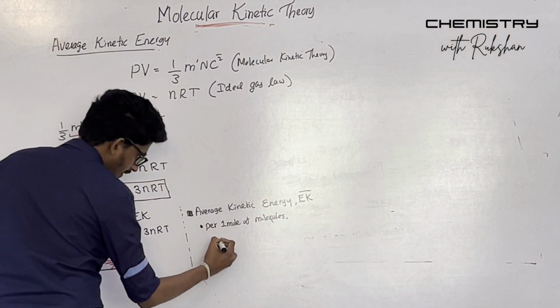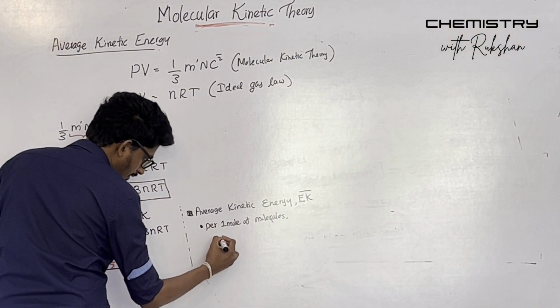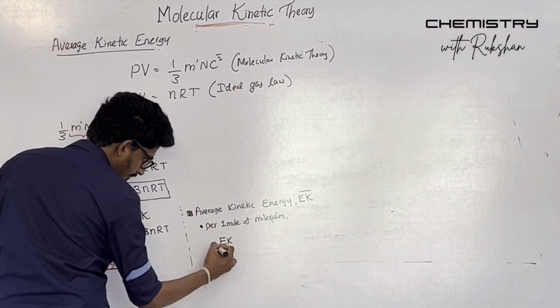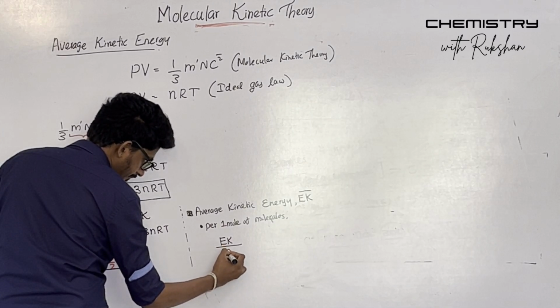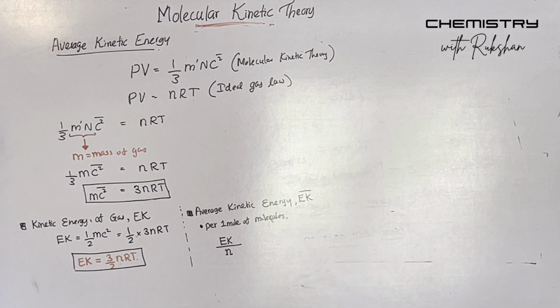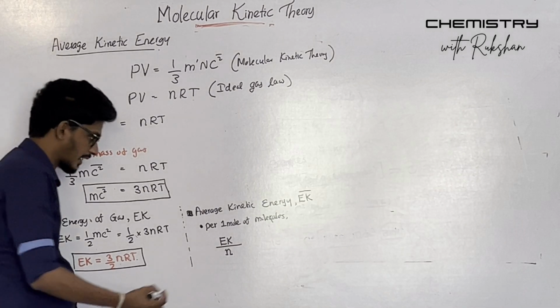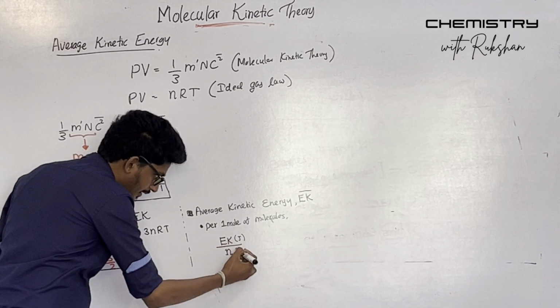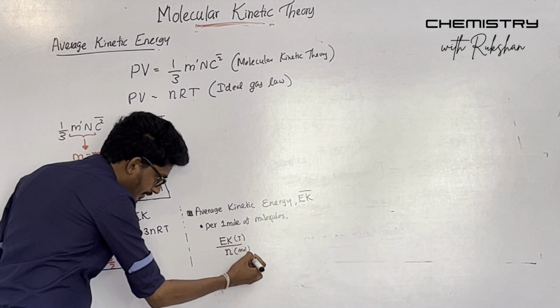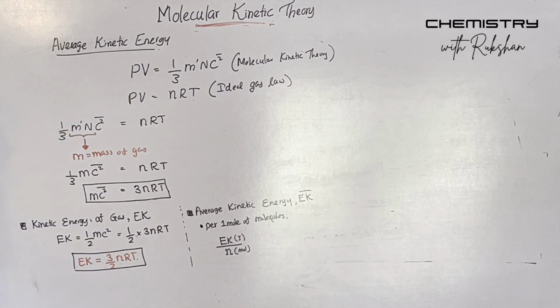What we have to do is divide the kinetic energy by the number of moles, the number of entities per mole. Kinetic energy is given in joules, and this is given in moles, so you get the value per mole.